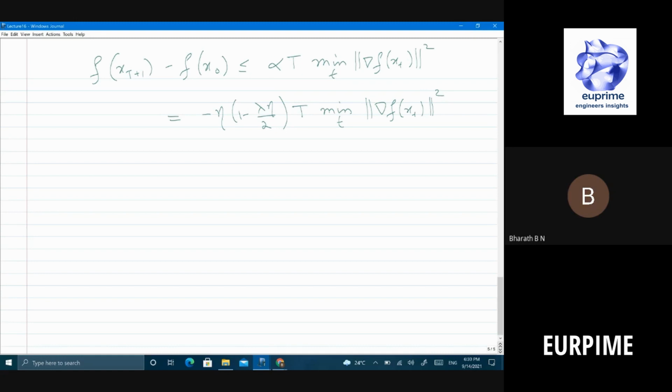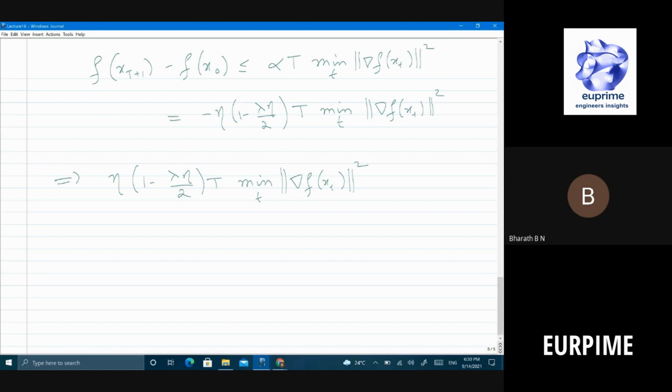Okay. So there is a minus here, right? So if a is less than or equal to minus b, then b is greater than or equal to minus a, right? So if I have negative, what will I get? Less than or equal to, right? So this implies eta times 1 minus lambda eta by 2 times T, minimum over all t, the gradient of f of x_t squared.